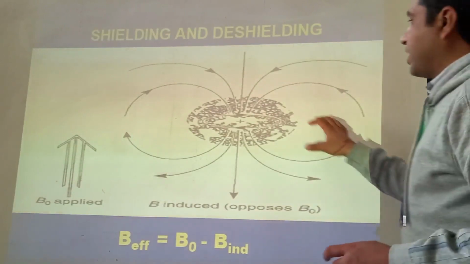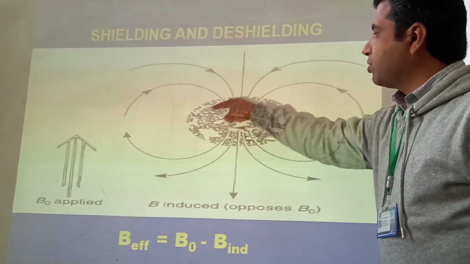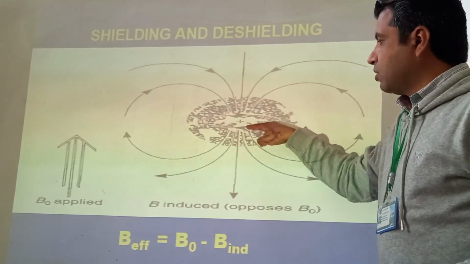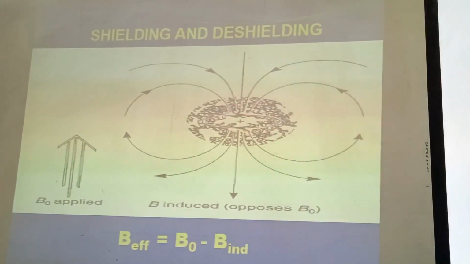So this electron density, which you can see from this direction, is moving in a particular direction. From this circle, see the arrows here, it's moving in a particular direction. And when electrons move, we call it a current. And you know that when current moves, it produces its own magnetic field.